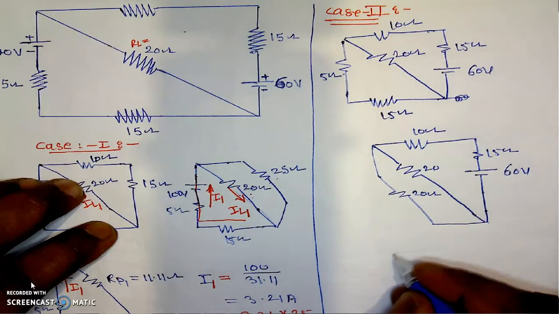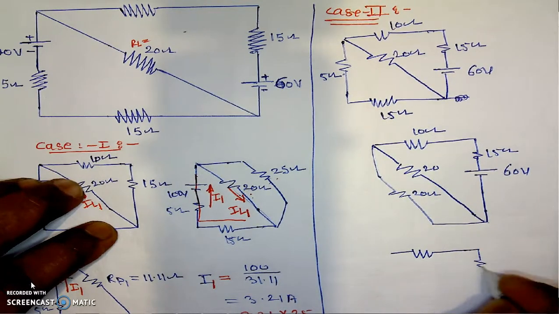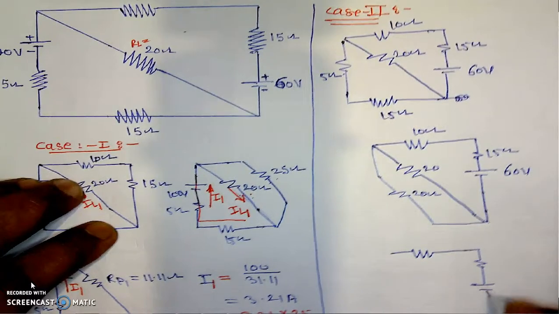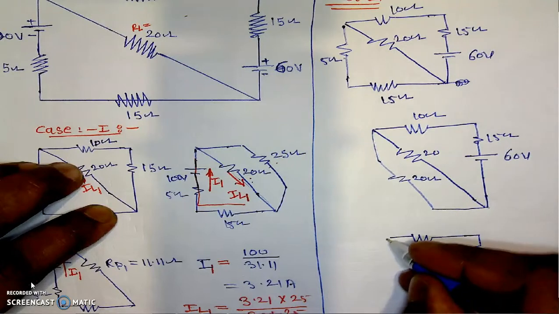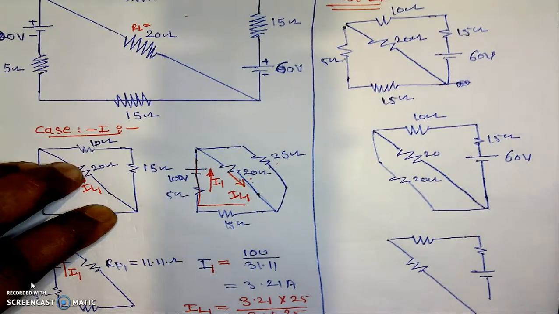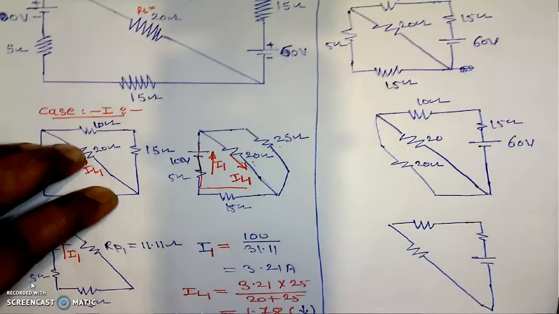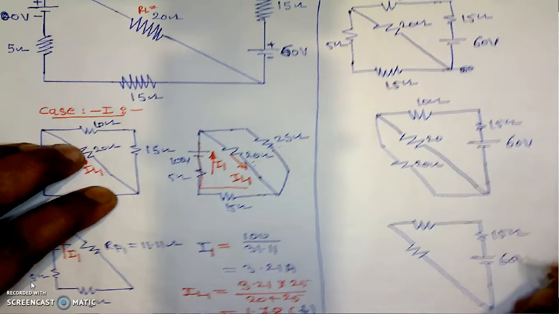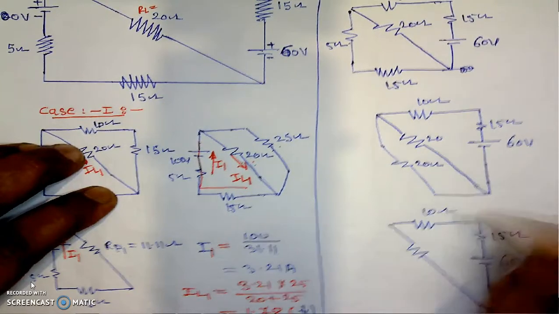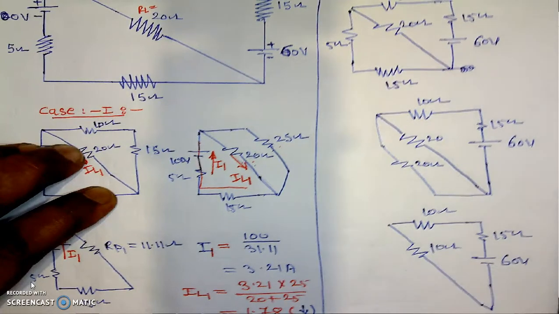In this case, the figure is something like this. This is 15 ohm, 60 volt, 10 ohm. Here 20 is parallel to the 20, that is 10 ohm.